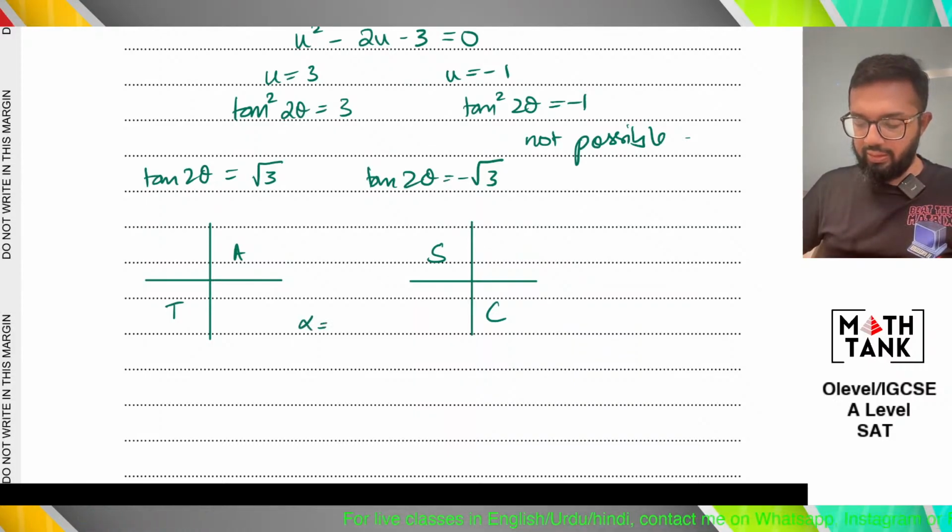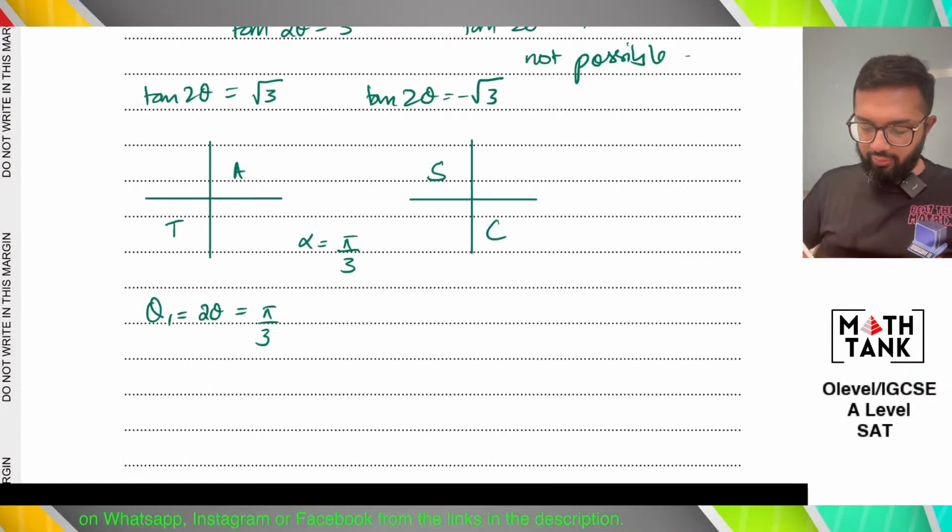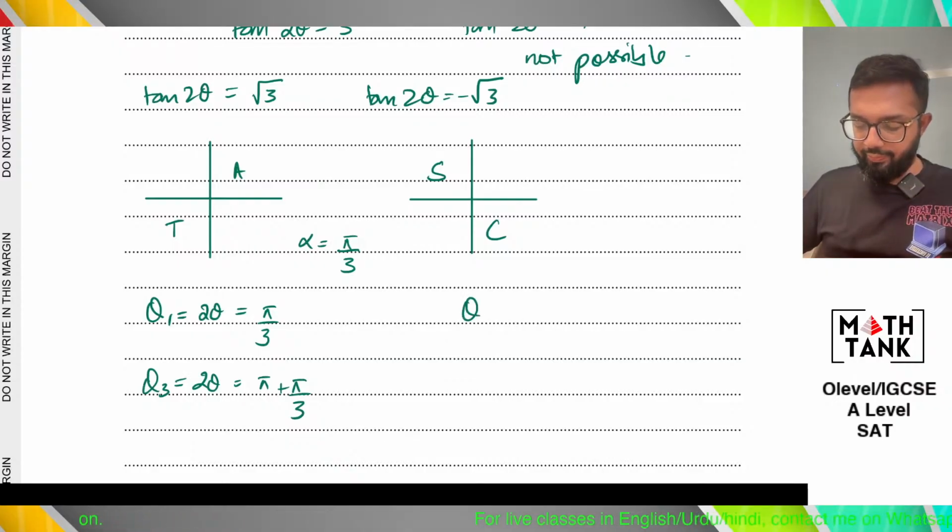So the basic angle is pi over 3. So quadrant 1, 2 theta equals pi over 3. Quadrant 3, 2 theta equals pi plus pi over 3. Quadrant 2, 2 theta equals pi minus pi over 3, and quadrant 4 similarly.